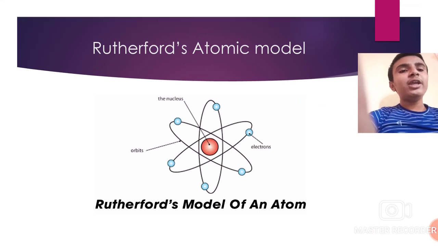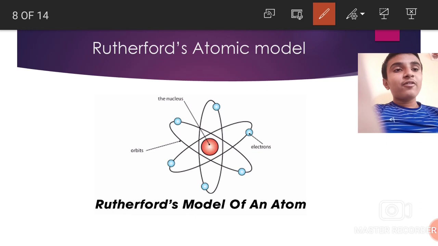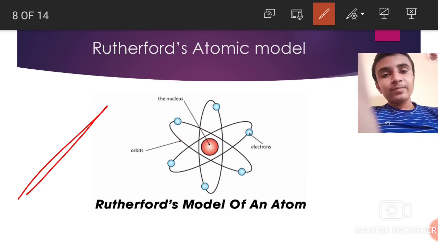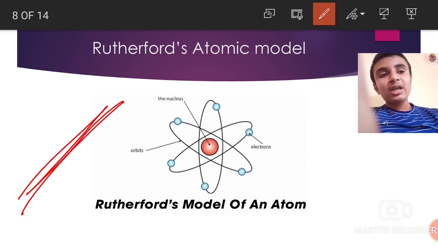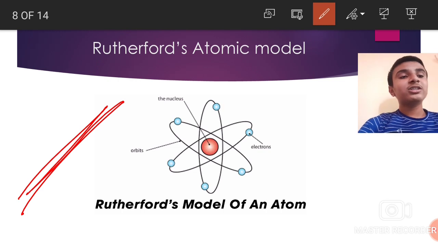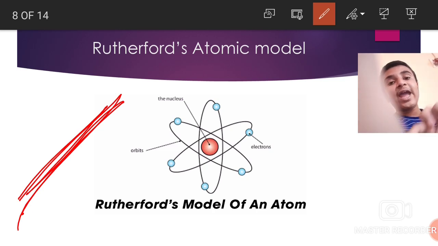So why did he do it this way? The alpha particles were coming directly backwards, so they were colliding with the nucleus. When positive and positive charges collide, repulsion happens, so they came directly backwards.